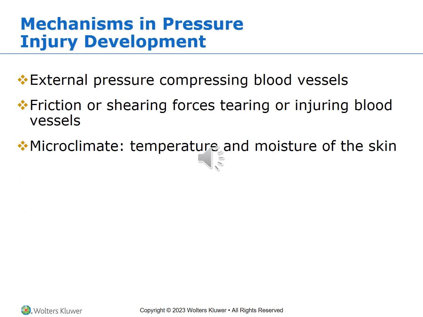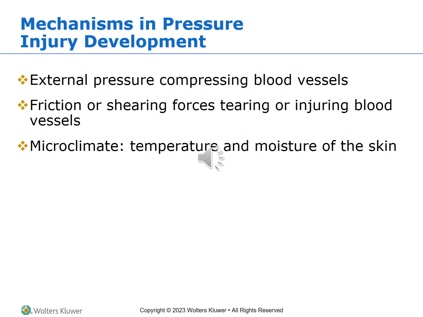Pages 1162 and 63 talk about the mechanisms of pressure injury development. External pressure injury occurs usually over bony prominence, where body weight is distributed over a small area without much subcutaneous fat or tissue, resulting in damaging of the skin.